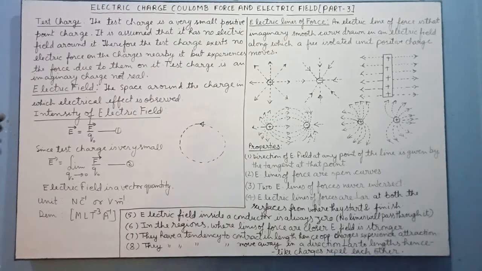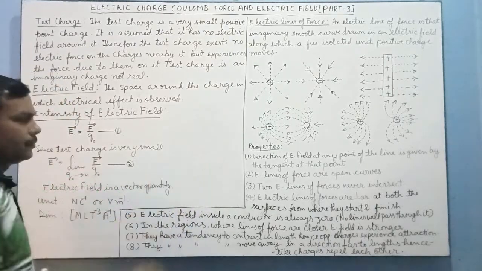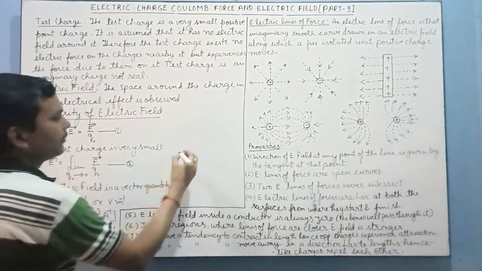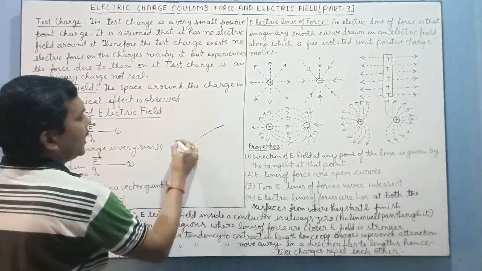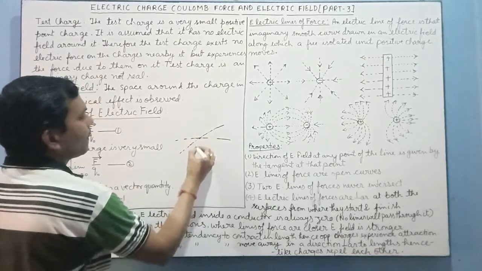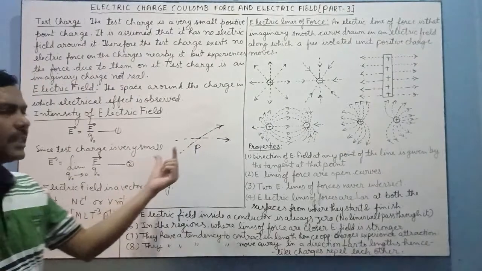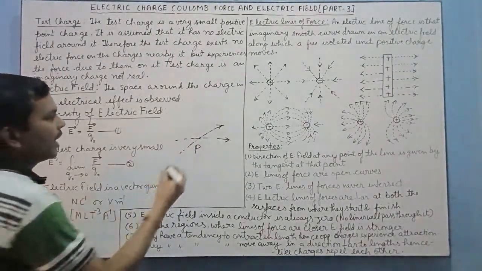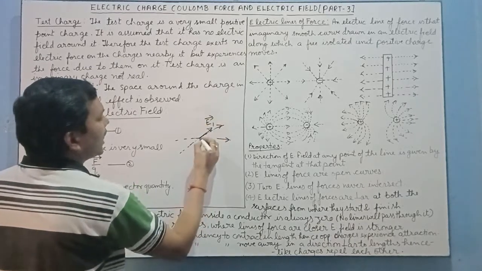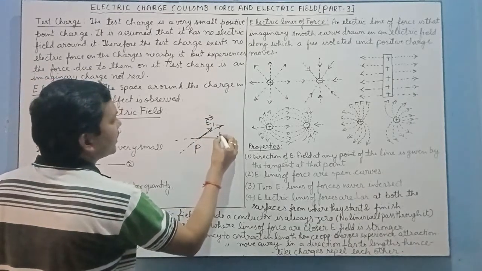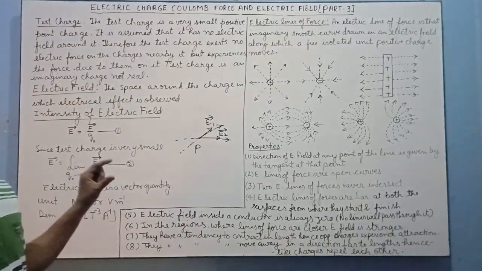Two electric lines of force never intersect each other. You can see, if there are two electric lines of force like this, and if they intersect at point P, then you can easily notice you can draw two directions of electric field at point P, which is never possible.